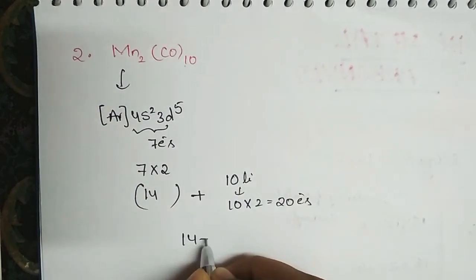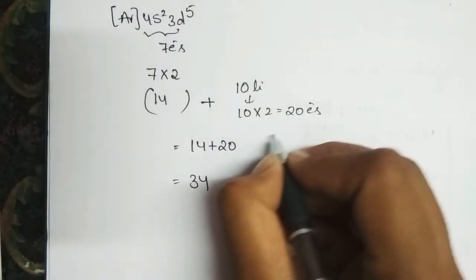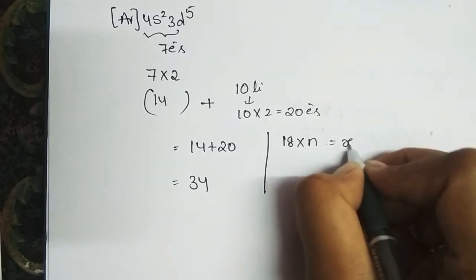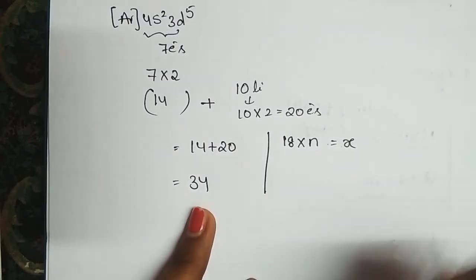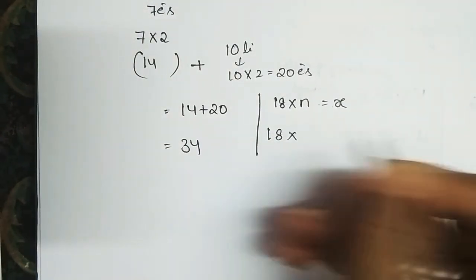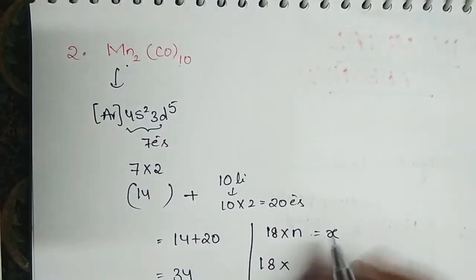So 14 plus 20, how much did we get? 34. But we have the formula 18 into n is equal to some x. We have to take the difference of these two values, then we get the number of metal bonds. Now 18 into how much? What is the covalency of this manganese? 2, right?